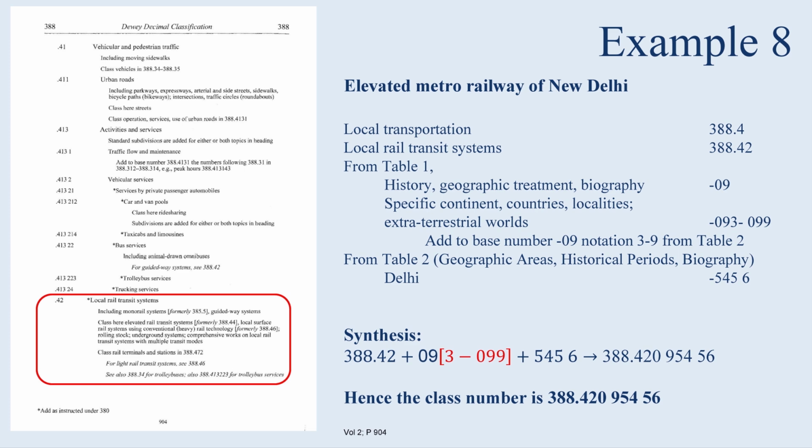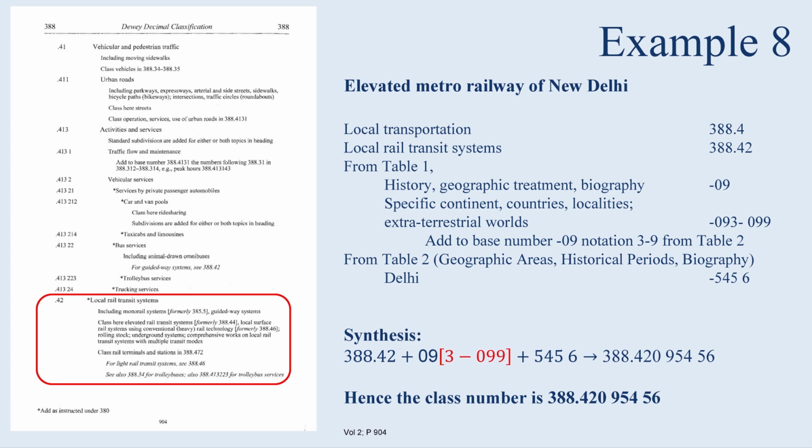That's why we prefer 388.42. And now this is the number for elevated metro railway. We cannot specify it, but we have to stick to the broader area, that is local rail transit system. All the documents that deal with any type of local rail transit system come under 388.42, as there is no provision to be precise here. Accordingly, we have to add the notation for New Delhi.